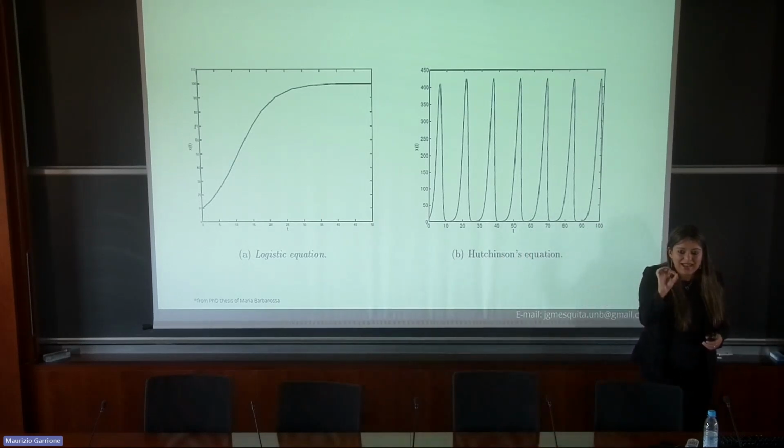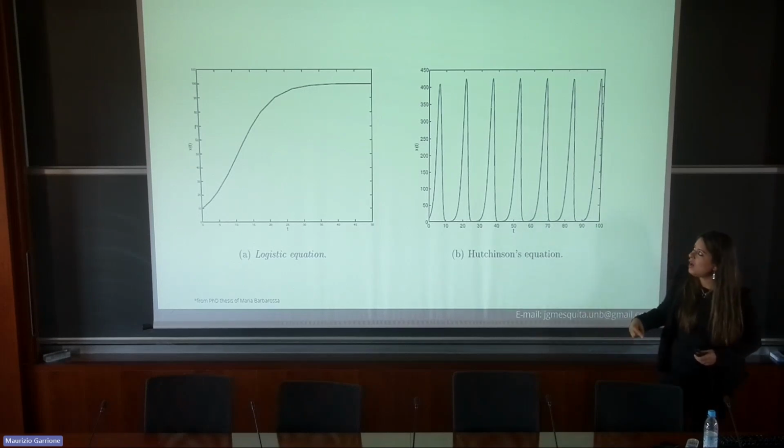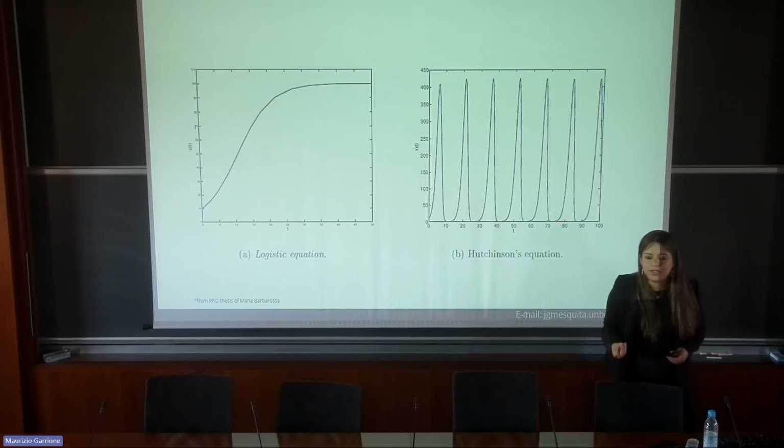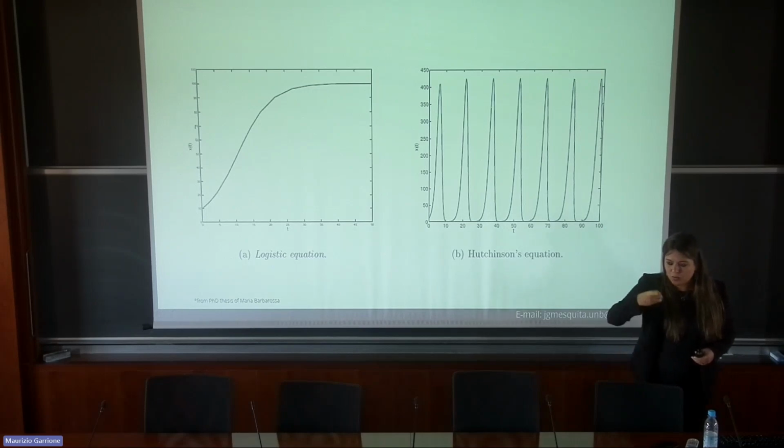That small constant delay that we put in our equation causes a lot of oscillation. So it's really important to insert the delay in your equation, because the delay can change everything.